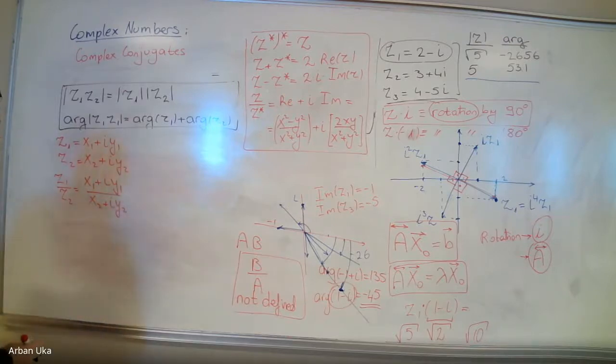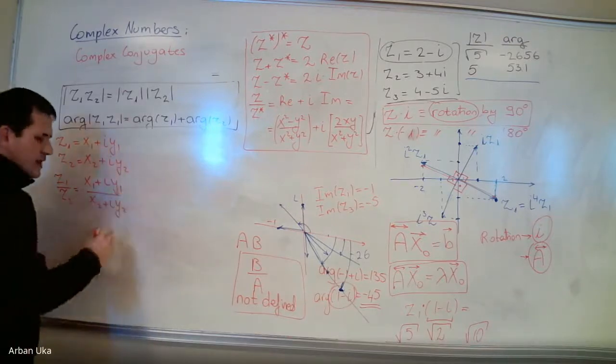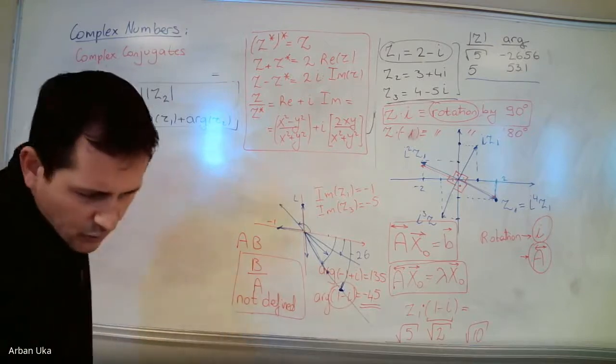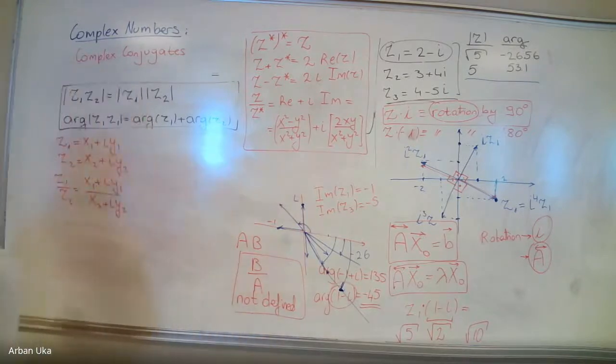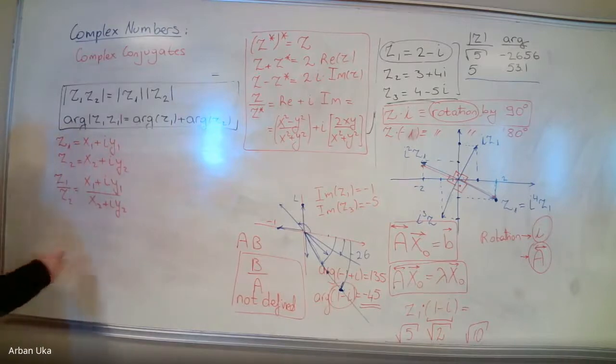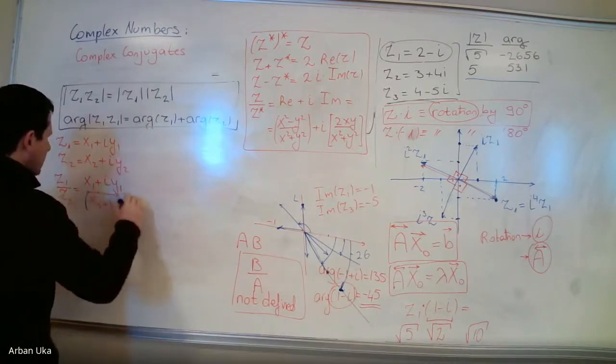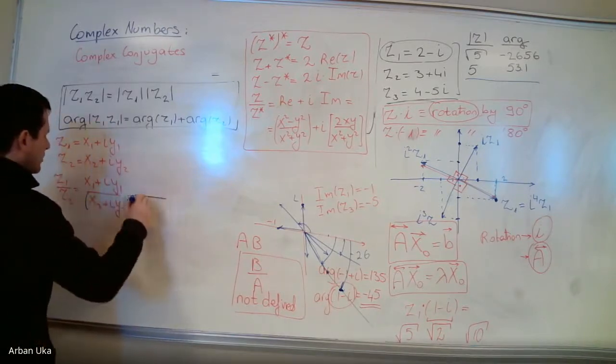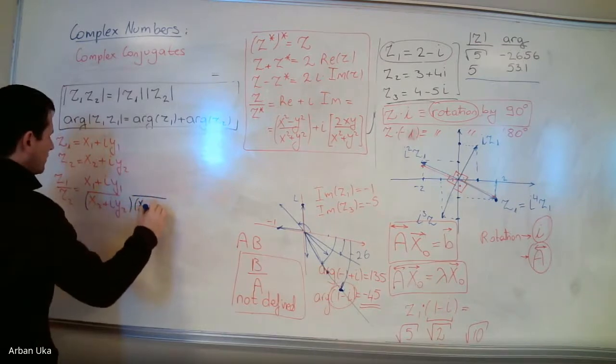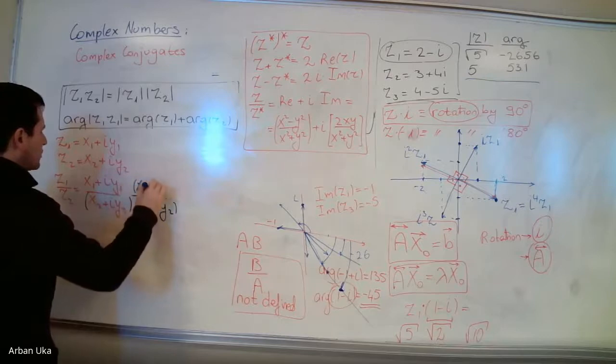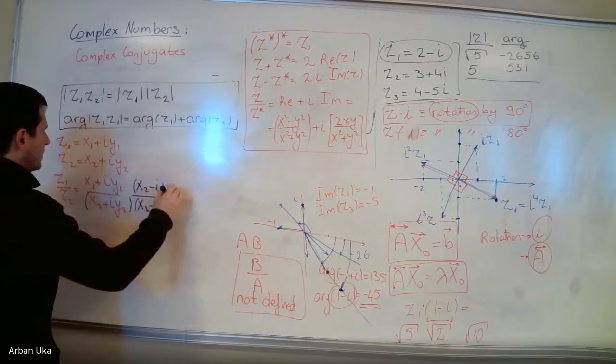What we can do here is multiply this expression by 1. How can we multiply this expression by 1? We can multiply by the complex conjugate of the denominator. So let's multiply here by x2 minus I y2, and here x2 minus I y2.